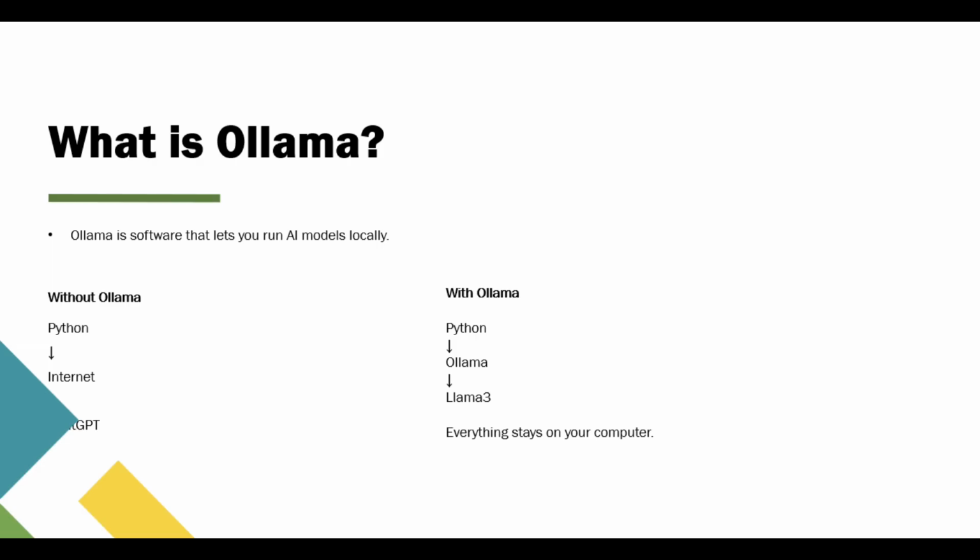The main benefits of using Ollama on a local machine are that it is free, it works offline after the model download, no API key is required, there is better privacy, and fast local responses. That is the main benefit of running Ollama on a local machine.